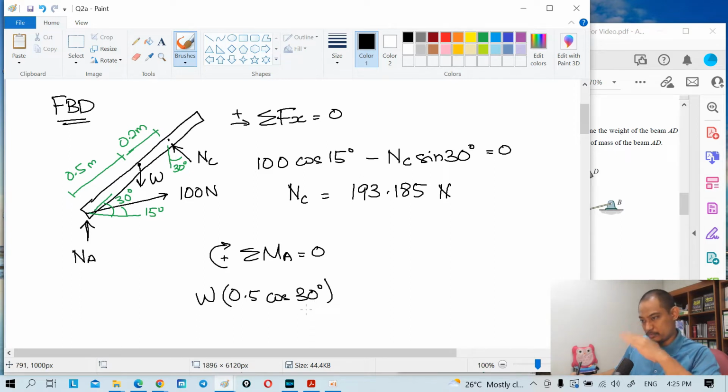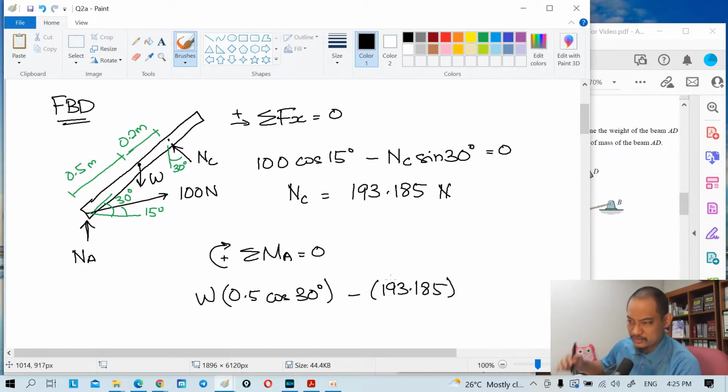The distance, right? Cos becomes the horizontal distance, okay? And then minus NC, which is already 193.185, and then the distance is the straight distance there, 0.7, equal to 0, right?